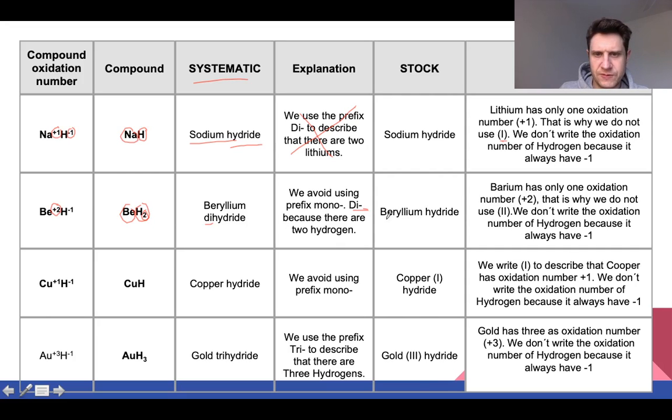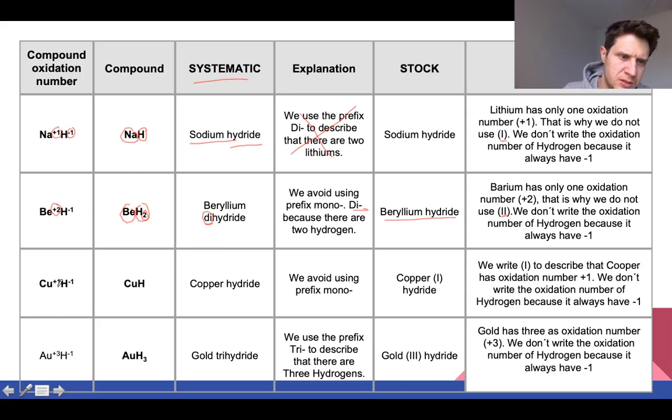First of all, the stock nomenclature is the same but without the di: beryllium hydride. Why don't we use the Roman numbers when we are talking about beryllium? Beryllium only has oxidation number 2, so there is no point.